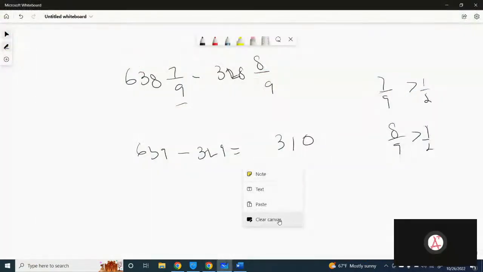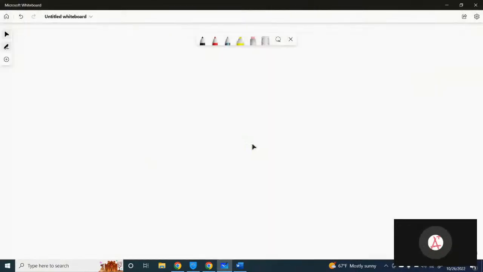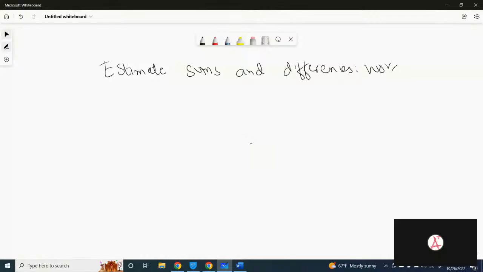Let me write down the lesson name: Estimate sums and differences word problems. Okay, let's start with the test.